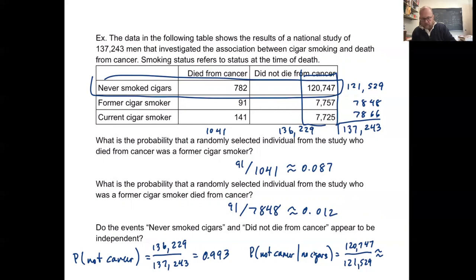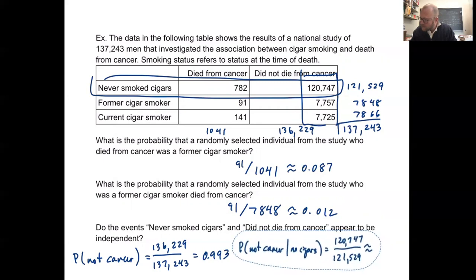120,747 divided by 121,529. Okay. And the bad thing here is that if you don't know how to round correctly, this could be misleading. So the number that I get here is 0.994.